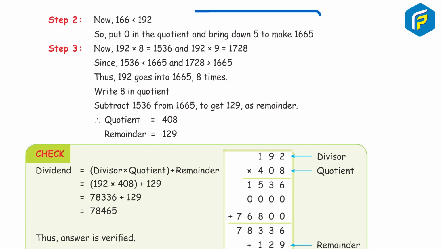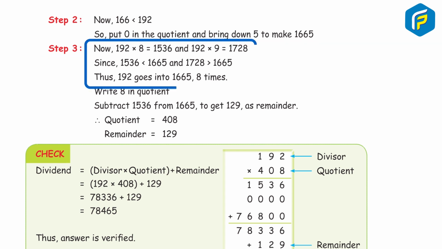Step 2. Now 166 is less than 192. So put 0 in the quotient and bring down 5 to make 1665. Step 3. 192 into 8 is equal to 1536 and 192 into 9 is equal to 1728. Since 1536 is less than 1665 and 1728 is greater than 1665, thus 192 goes into 1665 8 times.